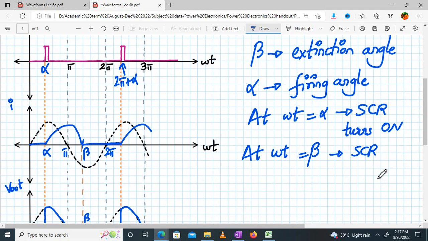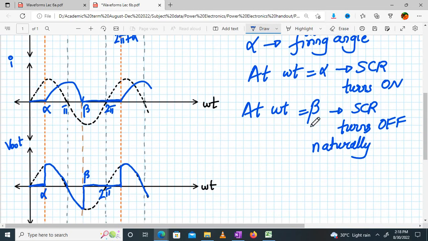So turning on is under my control, right? But whenever omega t reaches beta, it is not under my control. It happens naturally. So the SCR turns off naturally. Whenever the SCR turns off naturally, this is called line commutation or natural commutation. Just remember this.